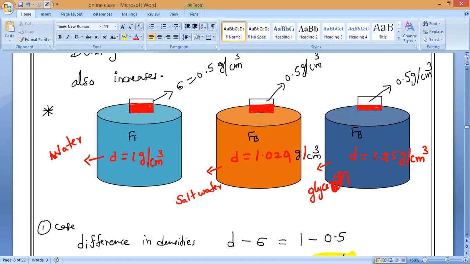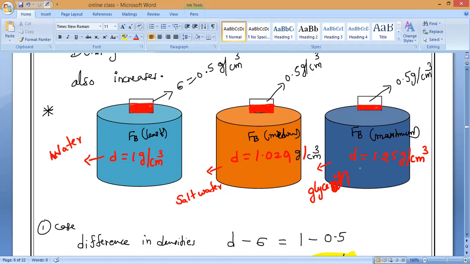And where is the buoyancy force least? Here. So the buoyancy force is least here, medium here, and here maximum, because the density of the liquid is more here.